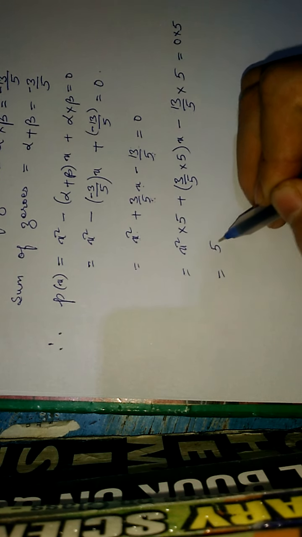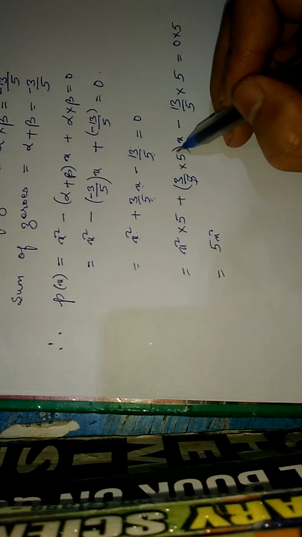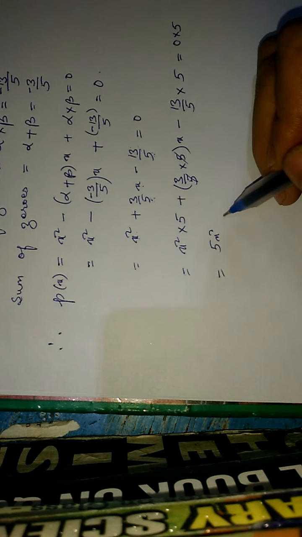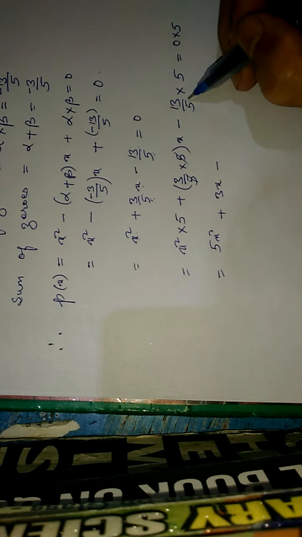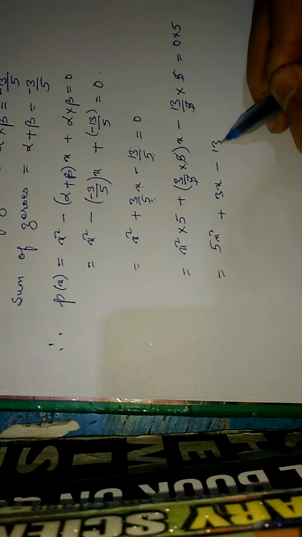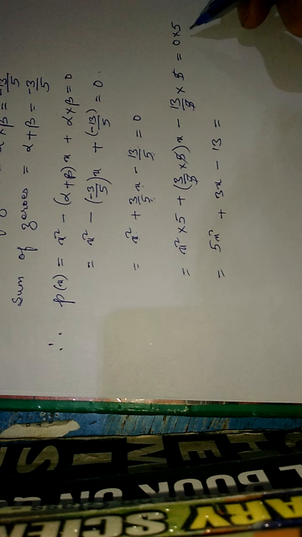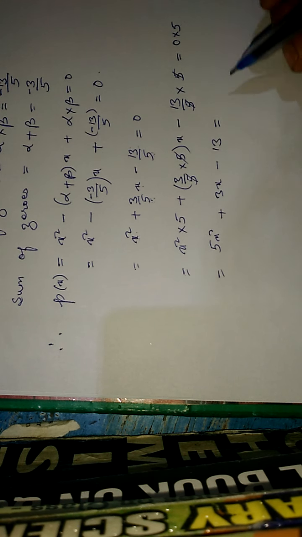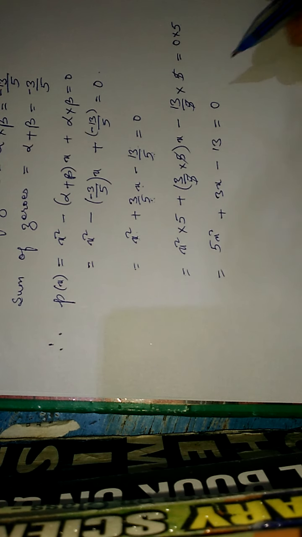The 5s cancel, so only 3x remains, and here only 13 remains. On the right side, 0 multiplied by any number gives 0. So this will be our final answer: 5x square plus 3x minus 13 equal to 0.